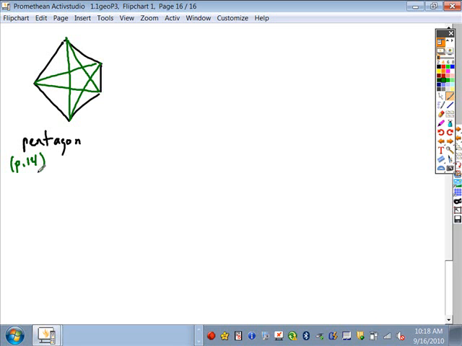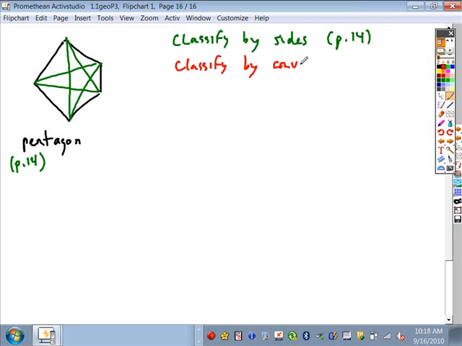Okay, now, there's another way to classify polygons rather than number of sides. If you classify by sides, see page 14 for that list. You can also classify by convexity. And this classification fits one of 2 forms, convex or concave.